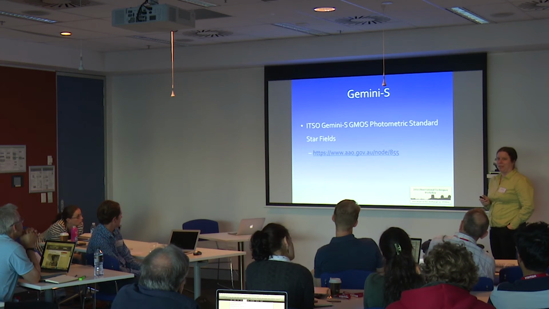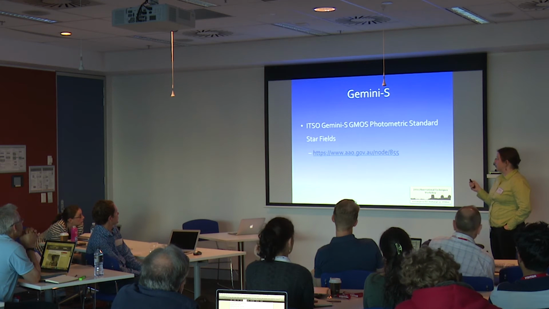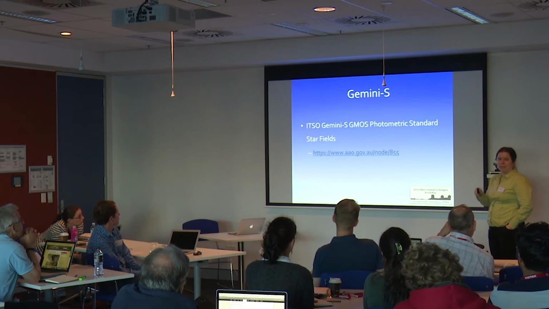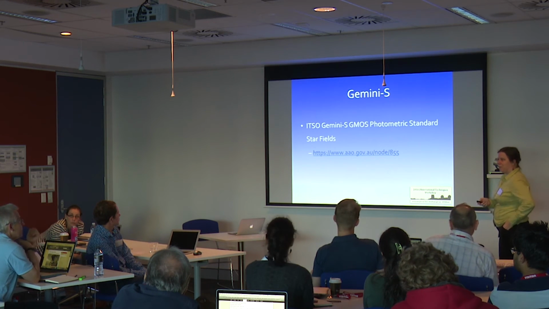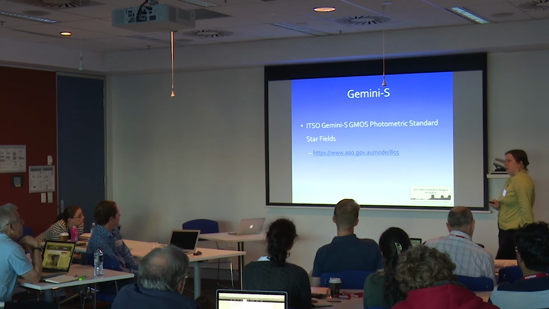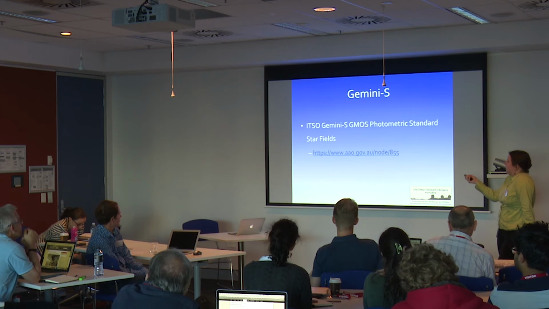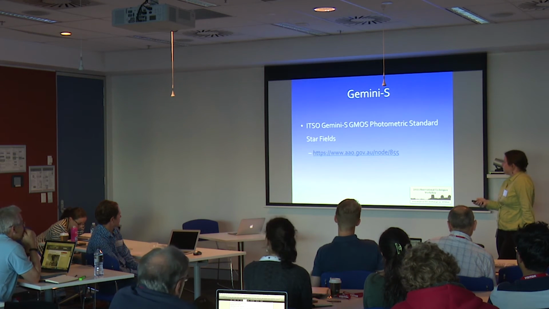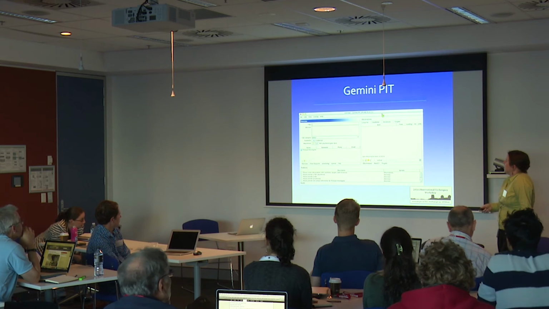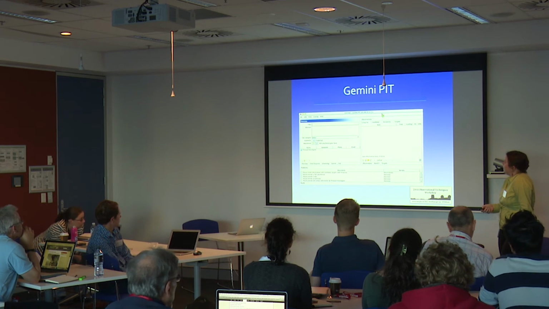We've tested the whole page, so all of the photometric standard star fields are up there and can be clicked and searched, and you don't have to do that yourself. So the whole sky? Just the southern sky. So it's Gemini South GMOS. Right, so that instrument in particular. This is just a screenshot from Gemini PIT.